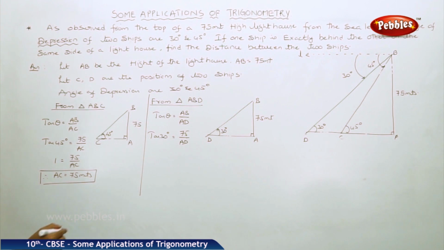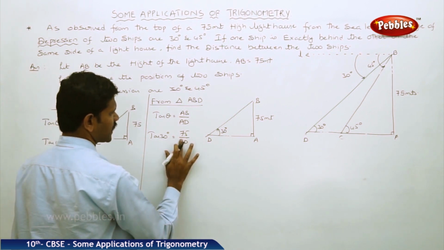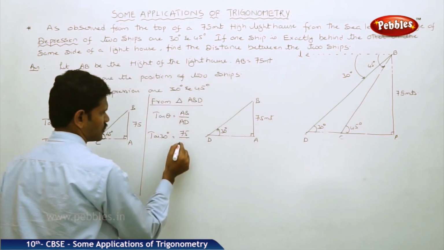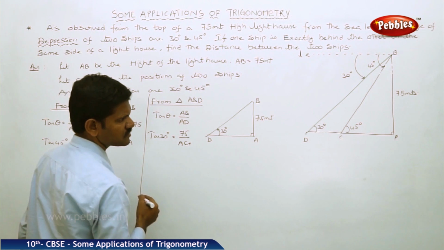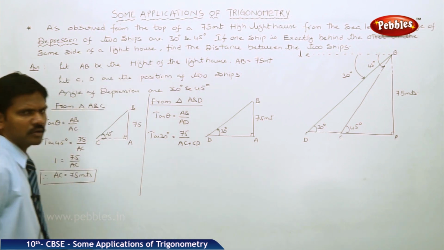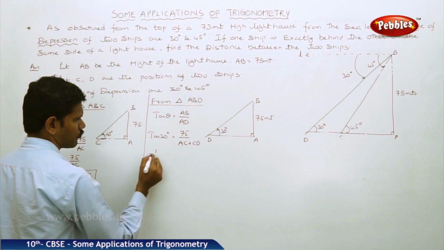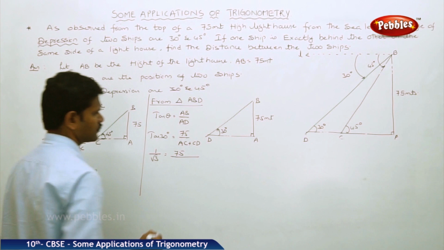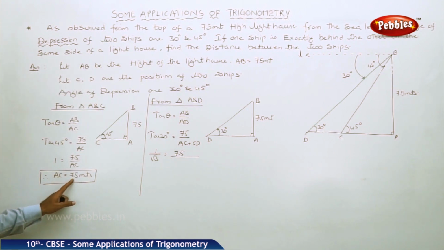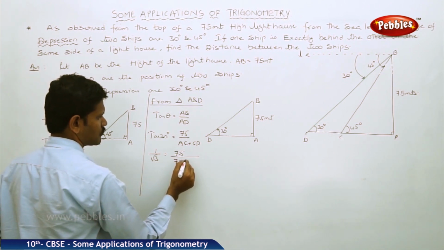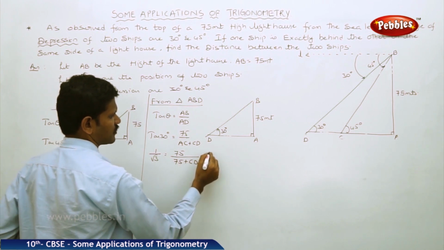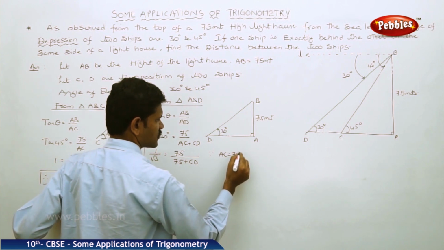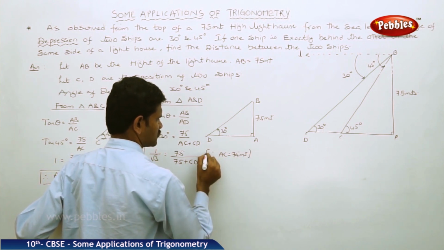Now AD can be broken down into two parts, that is AC plus CD. Now tan 30 is equal to 1 by root 3 is equal to 75 by AC value, which is 75, plus CD, since AC is equal to 75 meters, this is the reason.